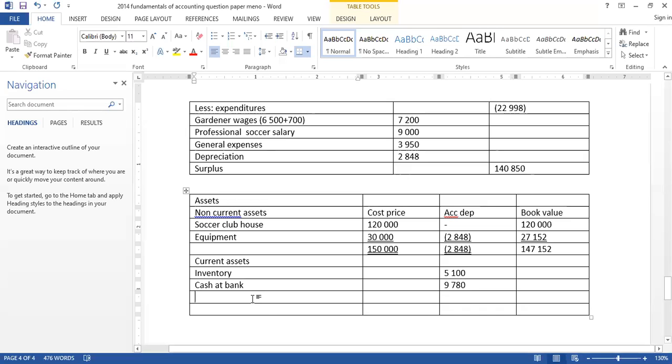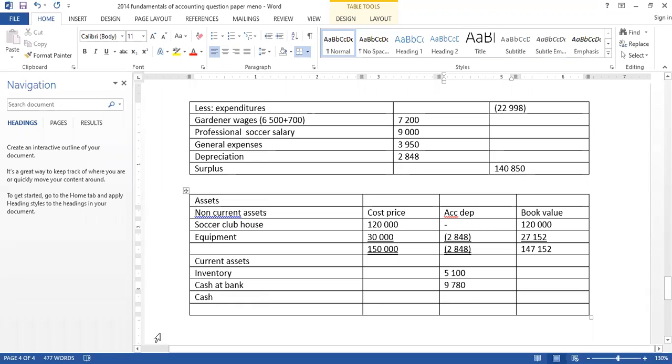Is it not going to be added? It says the soccer club had a cash balance of 6,248. We have cash there in our additional information, our cash balance.